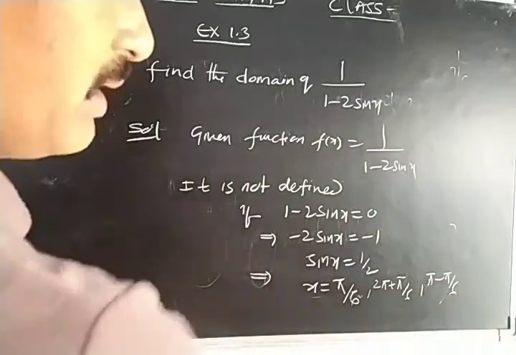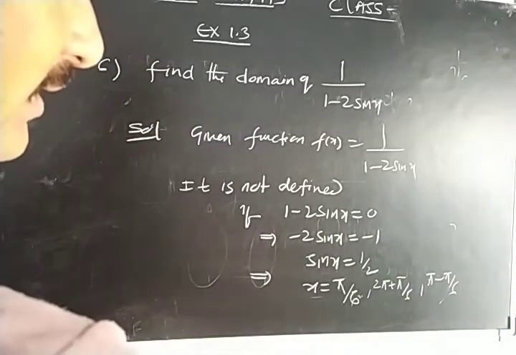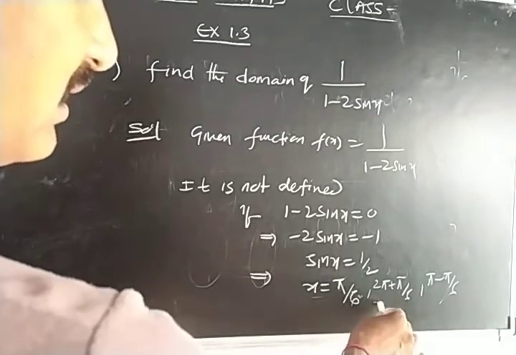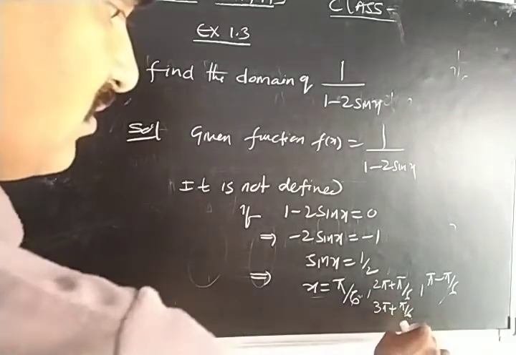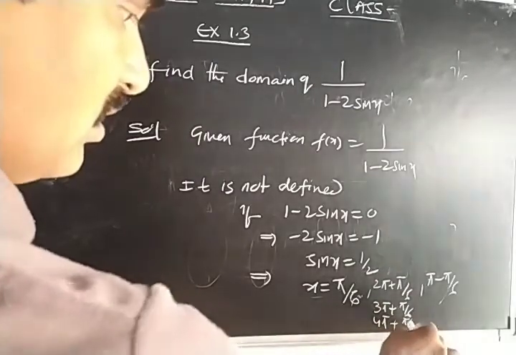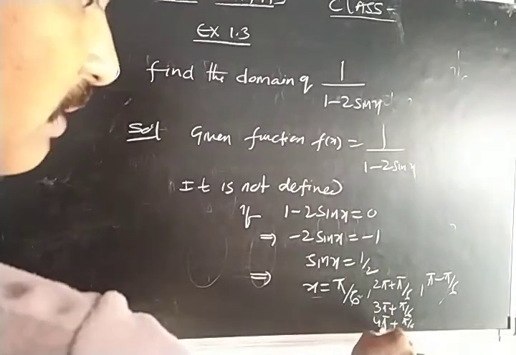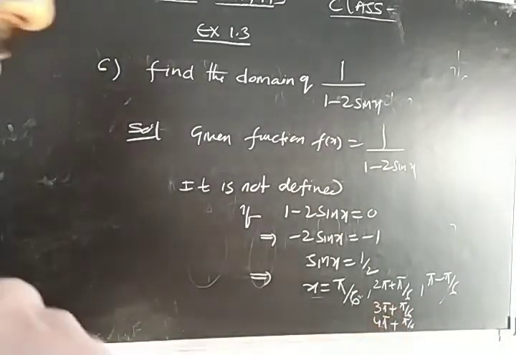So sin of pi minus pi by 6 is again sin pi by 6. And next 2 pi plus pi by 6, 3 pi plus pi by 6, and so on, 4 pi plus pi by 6.